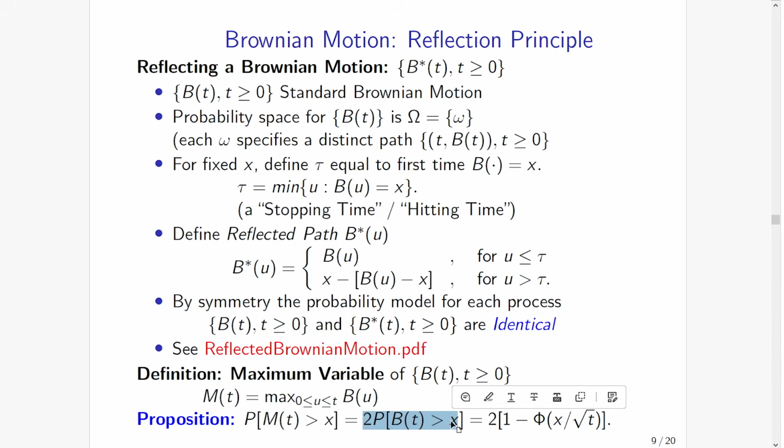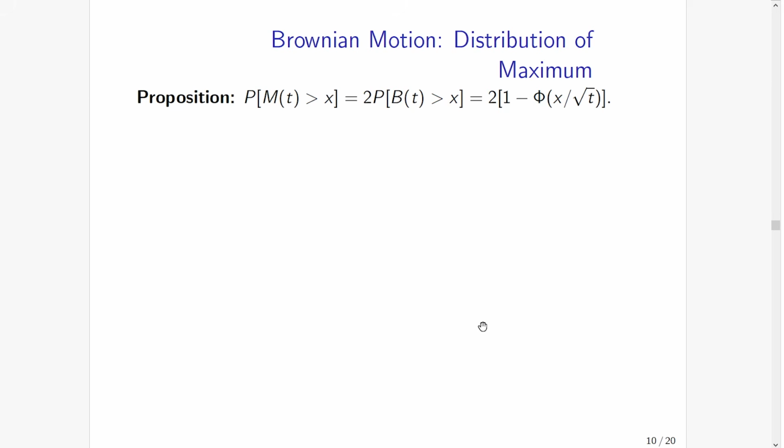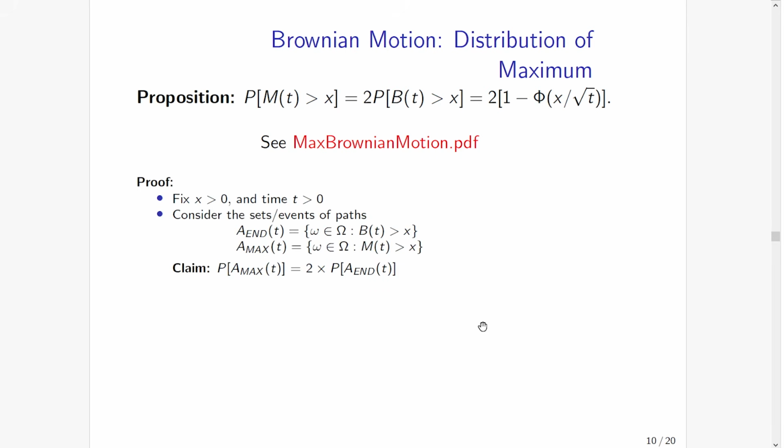And we can write out what that probability is in terms of the standard normal CDF. Now, from this result, we can differentiate this probability with respect to x and get the density of the maximum.